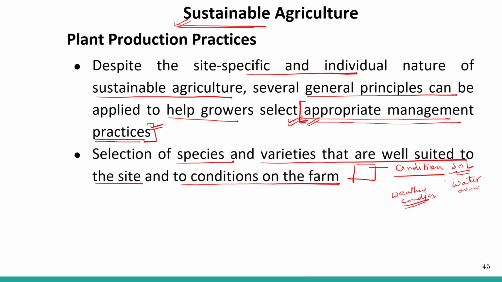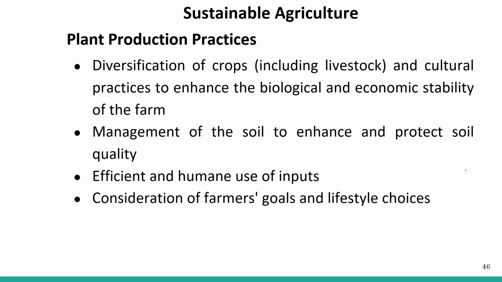According to these things, we are going to select the species and varieties. Very important. The species and variety of the crop that we want to grow on this particular land must suit the soil type and water availability.